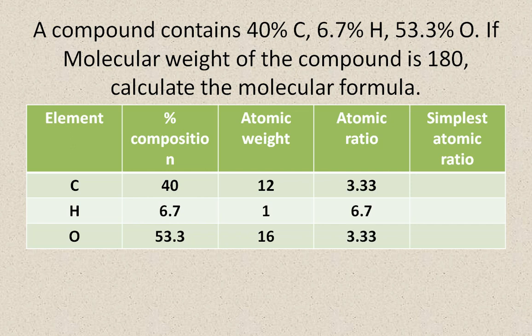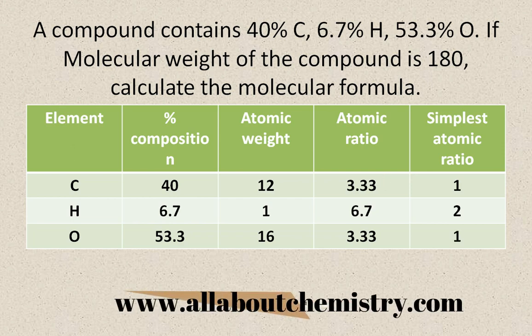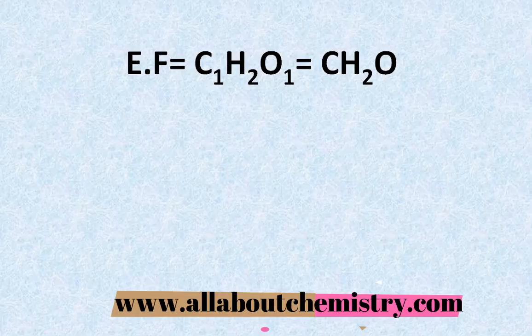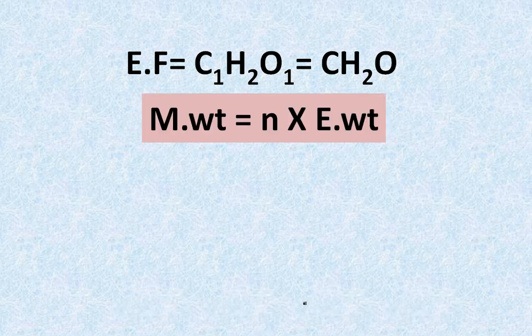After these, the smallest value is 3.33, so we'll divide each value by 3.33. The simplest atomic ratio will be 1; 6.7 divided by 3.33 is approximately 2; and 1. So the empirical formula of the compound becomes C1H2O1 or CH2O.